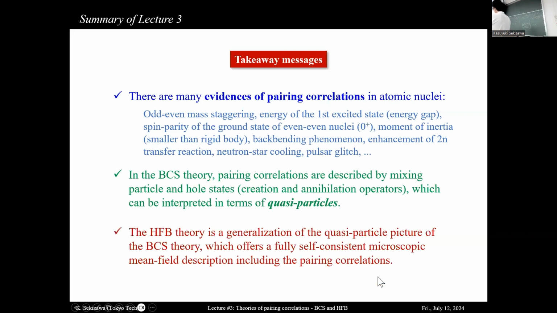Okay, and finally, I briefly introduced what the Hartree-Fock-Bogoliubov (HFB) theory is. And as I mentioned, it is a very complicated or generalized wave function, which takes the idea of quasiparticles in the BCS theory and generalizes it as much as possible.